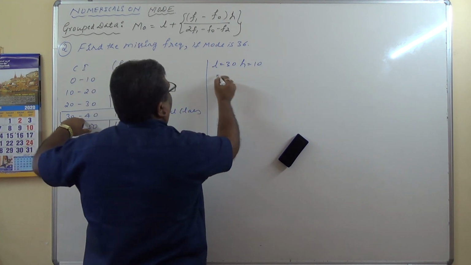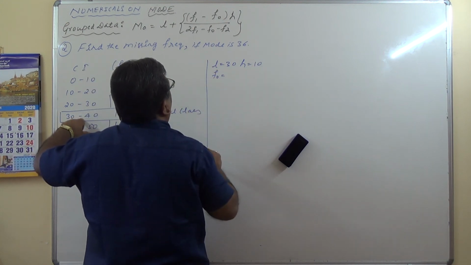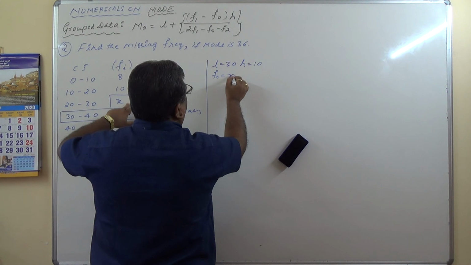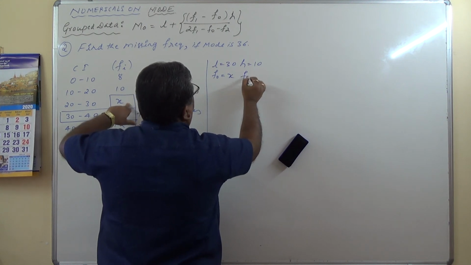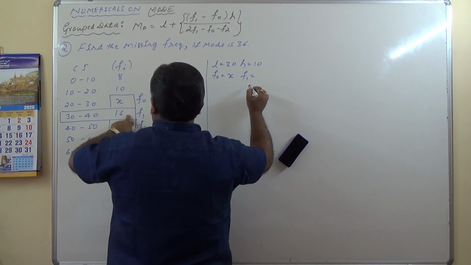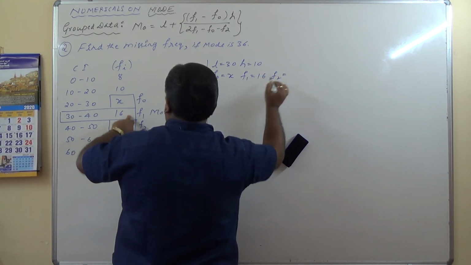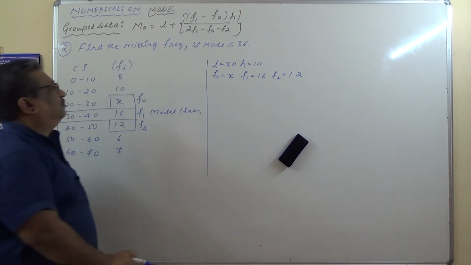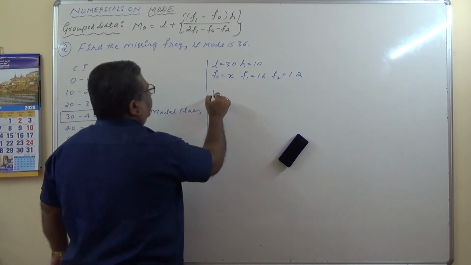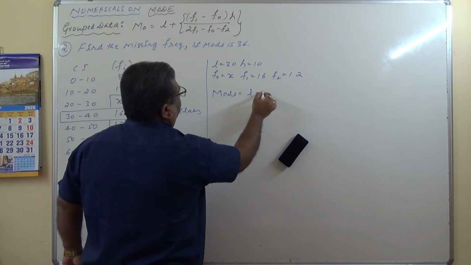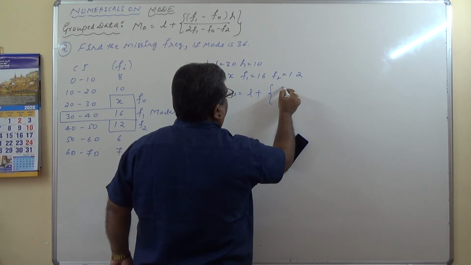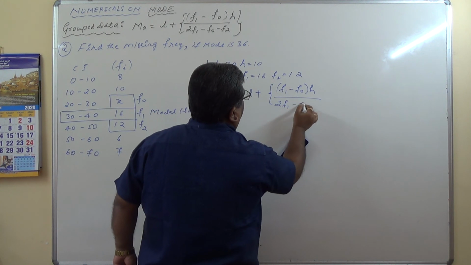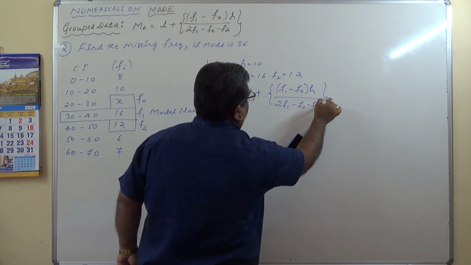Then what else is required? f0 is what? f0 is x, f1 is 16, f2 is 12. What else? That's all. Now, therefore mode is equal to L plus (f1 minus f0) into h, the whole divided by 2f1 minus f0 minus f2.